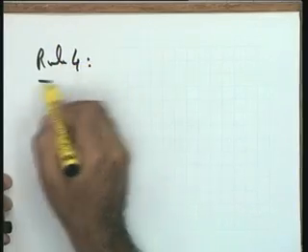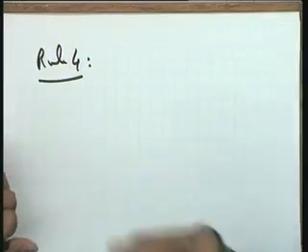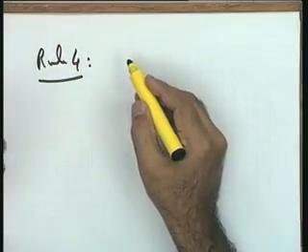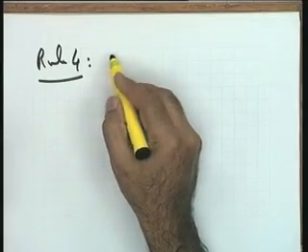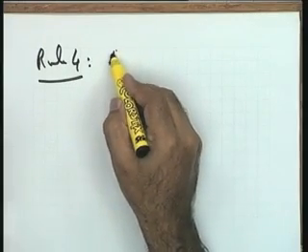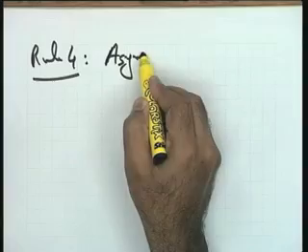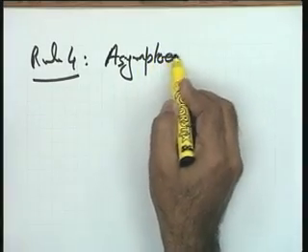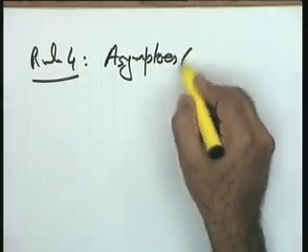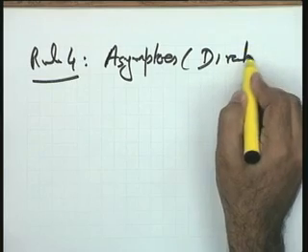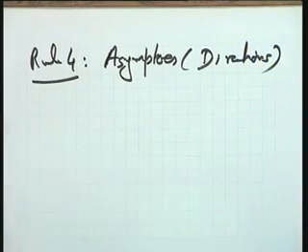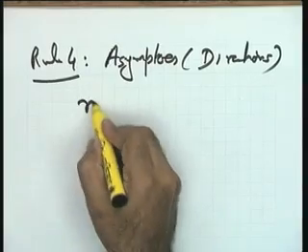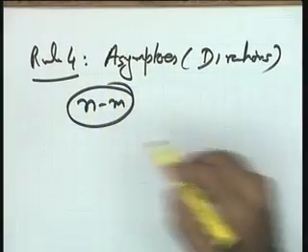Rule number 4 I go to now. Rule 4 says, please see, you have made a decision. I can say the directions of asymptotes. First of all, you said that n minus m branches go to infinity.